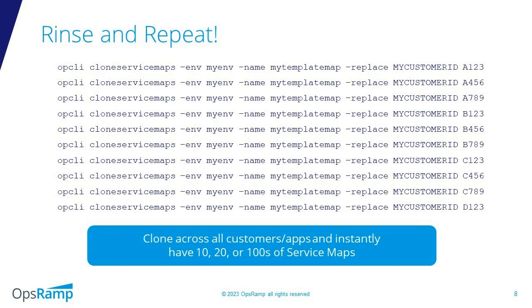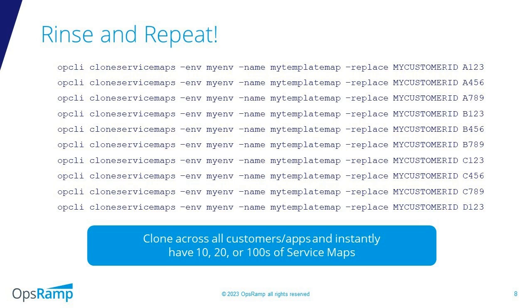You've taken a little time building literally one template service map, and then you can blast away and suddenly have 10, 20, 100, 200 service maps utilizing those conventions that are going to accurately reflect the current state of all those applications or customers, which is really handy.